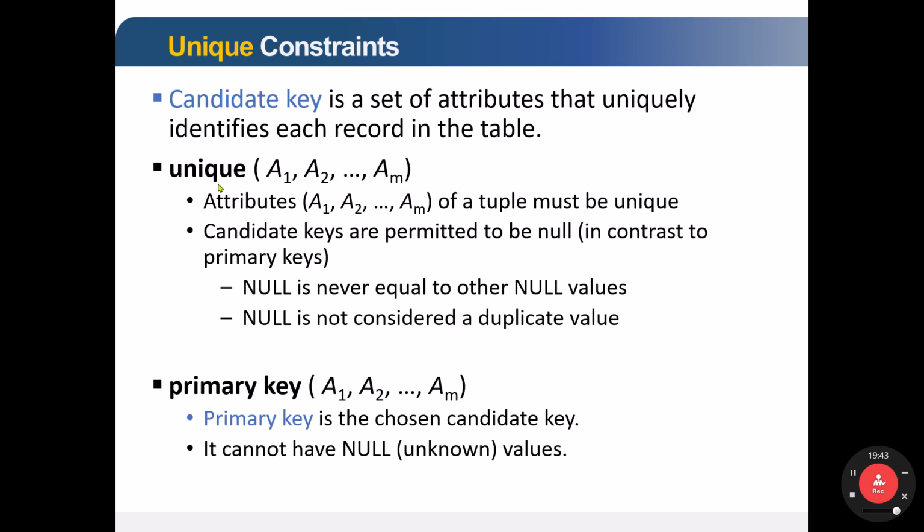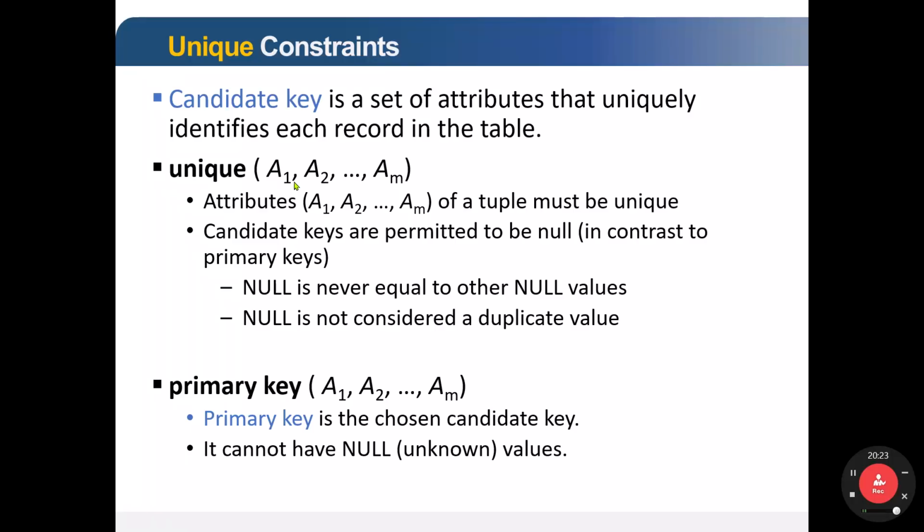And the unique constraint is how we can define a candidate key. So primary key is a selected candidate key. What is a candidate key? A candidate key is a set of attributes or just a single attribute that can uniquely identify a particular record. Okay, that is a candidate key. So this unique constraint enforces a unique combination of these attribute values.